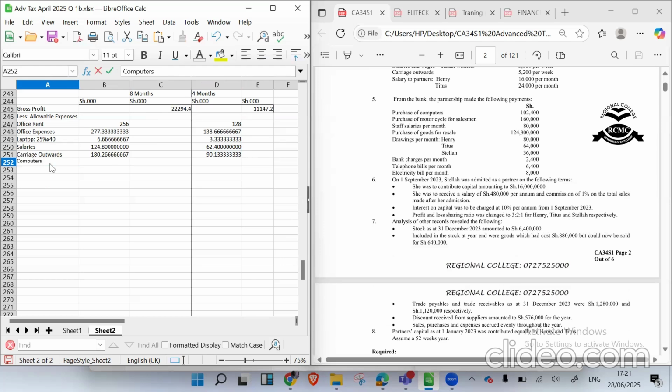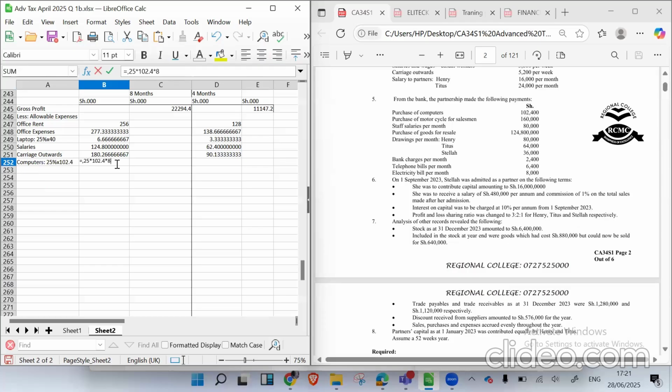Tuko na computers. So computers, we give them capital allowances, 25%. We bought computers 102.4. So equals 0.25 times 102.4.